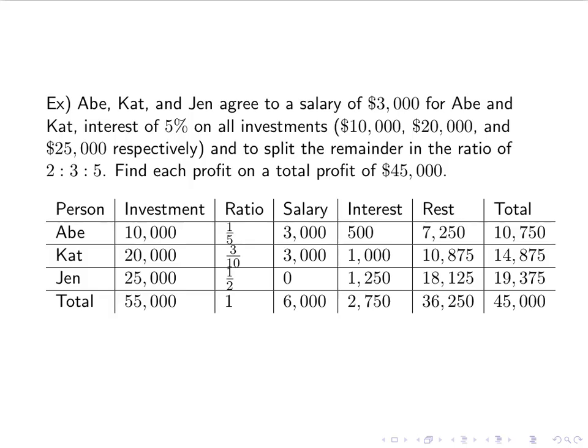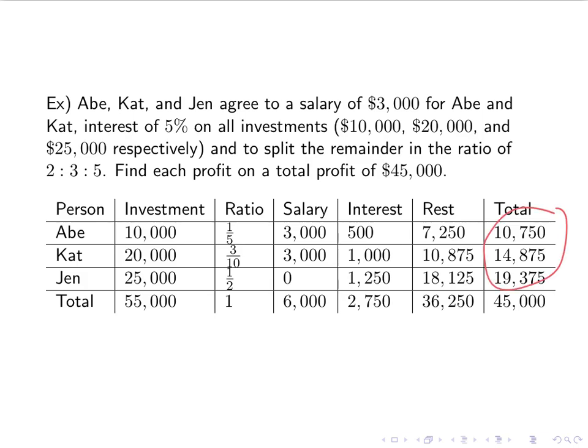So this might be 45,000 and a penny, or it could be $44,999.98, right? But just make sure it's really close. The rule of thumb really is you can be off by at most 1 penny for every 2 people. So I've got 3 people, so rounded, that could be at most off by 2 cents. But again, ours were all nice, even dollar amounts, so I should come out exact.